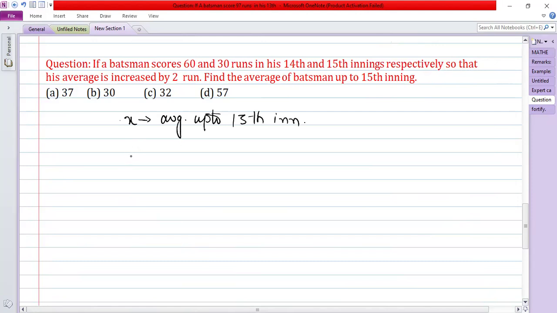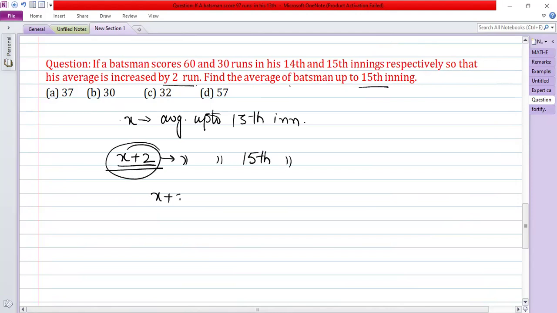Okay. So here the average up to the 15th inning has increased by 2, meaning x plus 2. This is the average up to the 15th inning. In a certain sense, this is nothing but the weighted average.